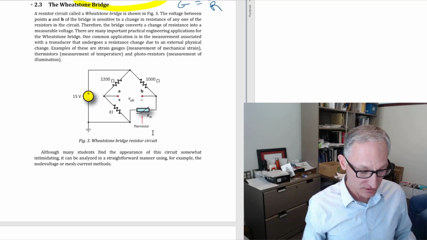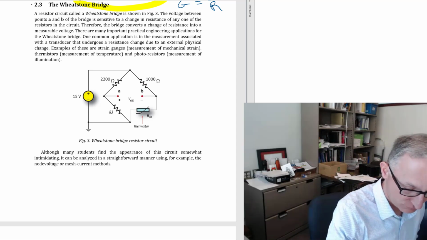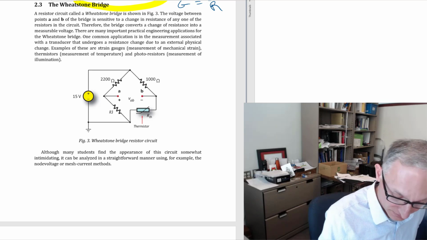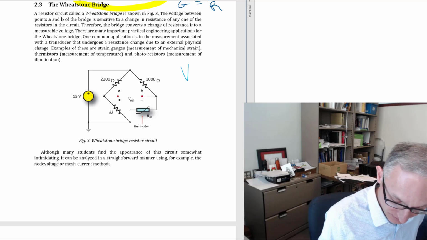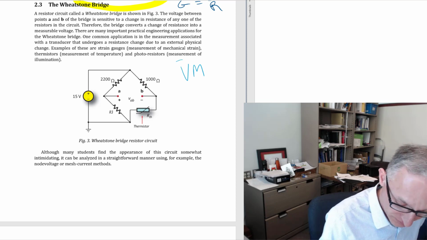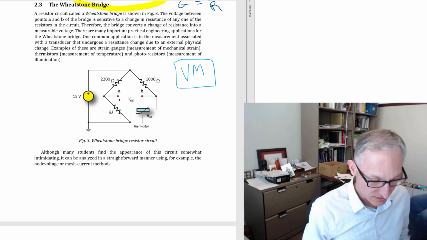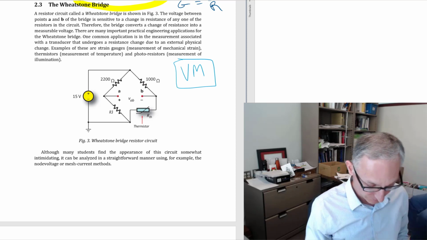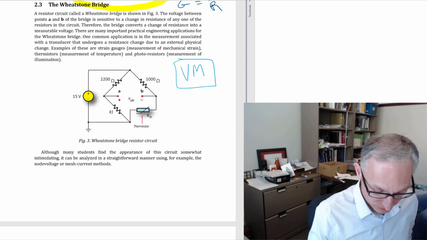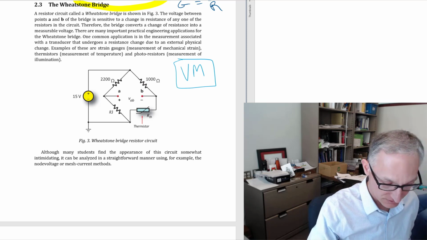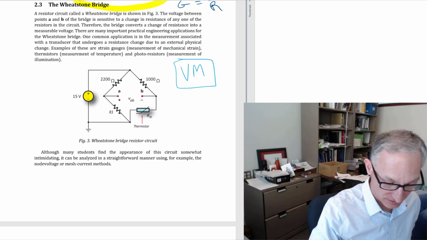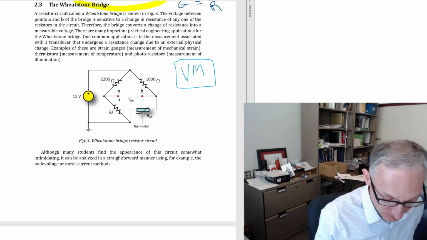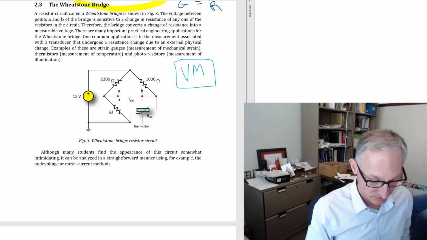And the basic idea is that if we were to get a voltmeter, so let's say Vm for voltmeter, and if we were to measure the voltage across A and B, we would actually be able to determine the resistance. So now we see a plus and a minus in a VAB measurement, okay?